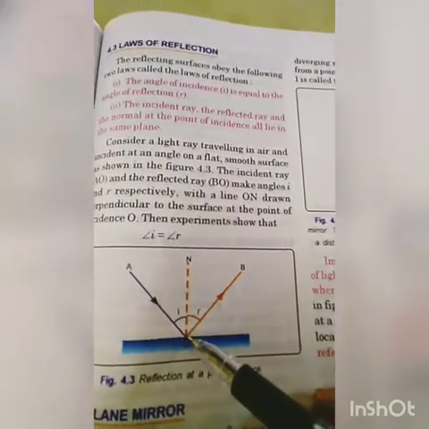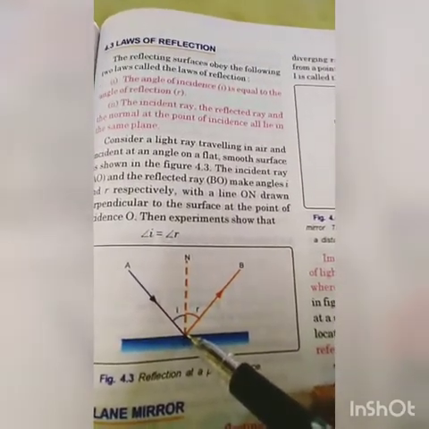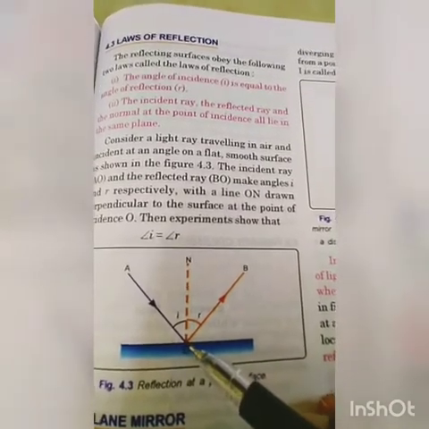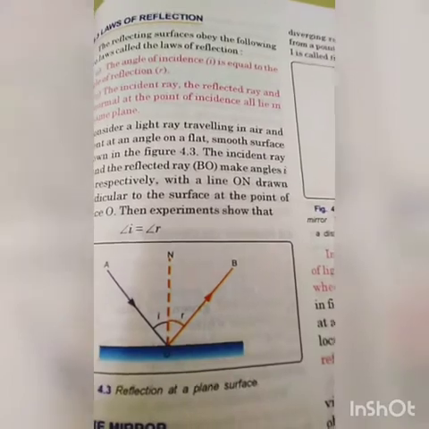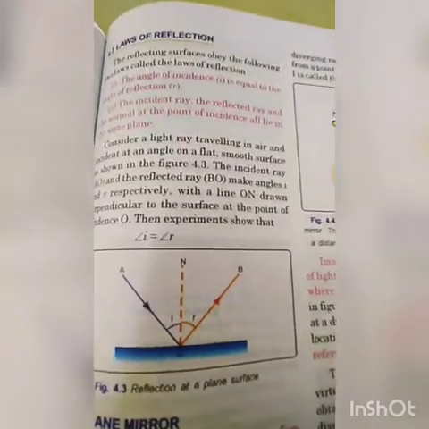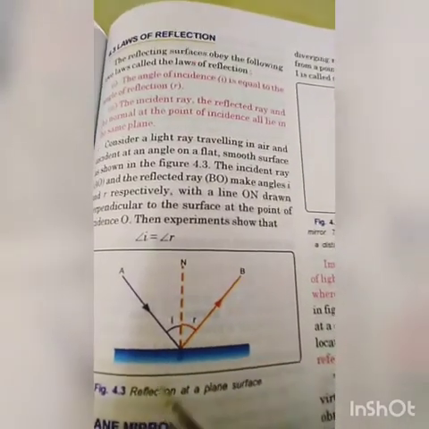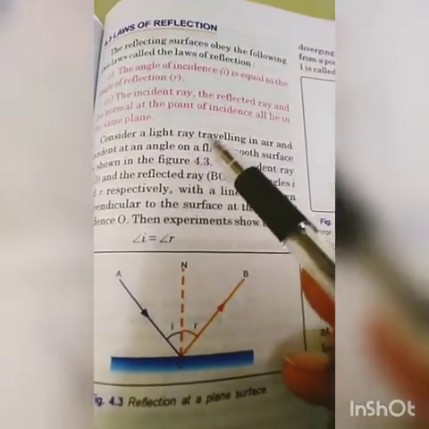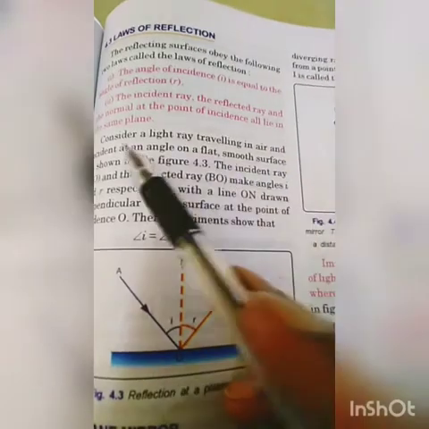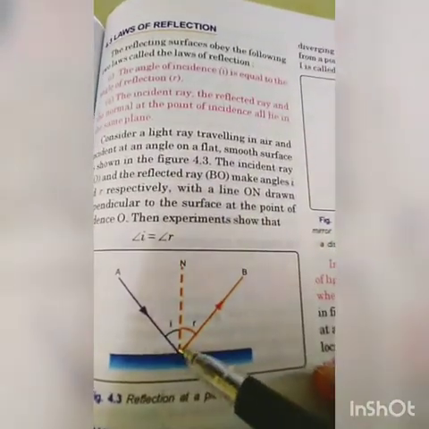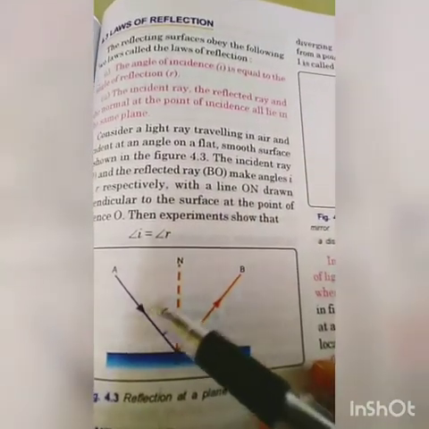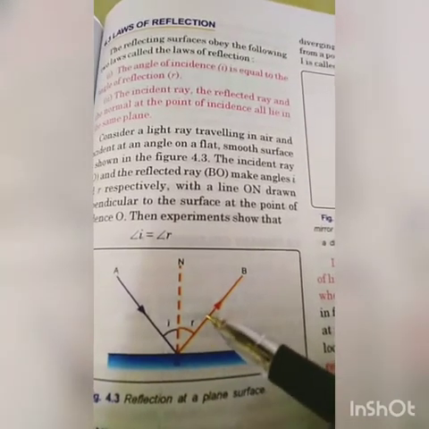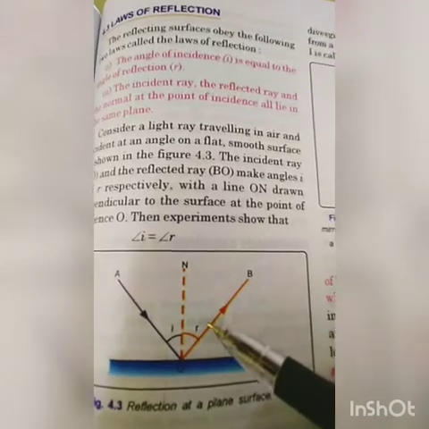This point is called the point of incidence. So all these three rays at this point all lie in the same plane.